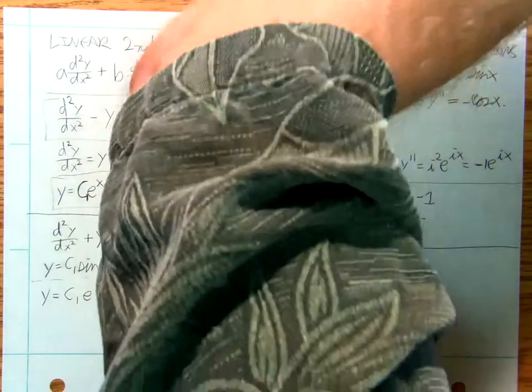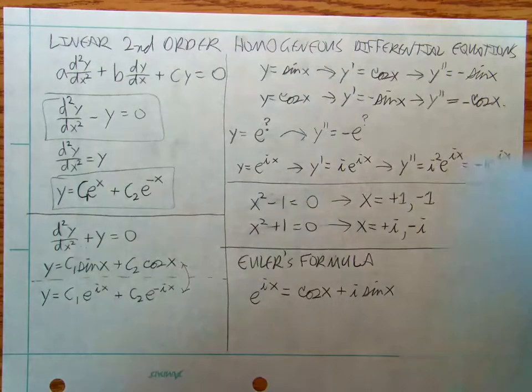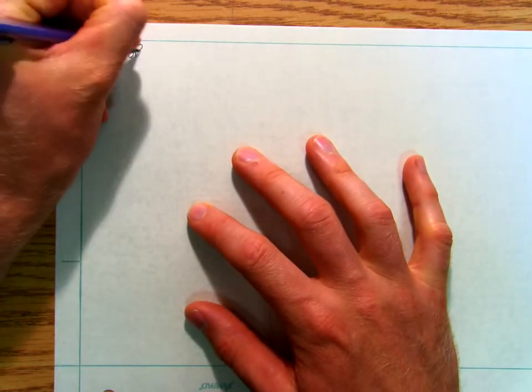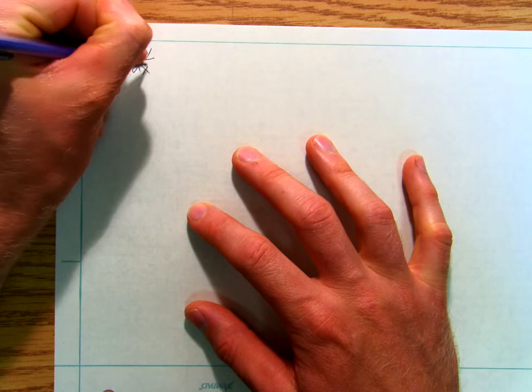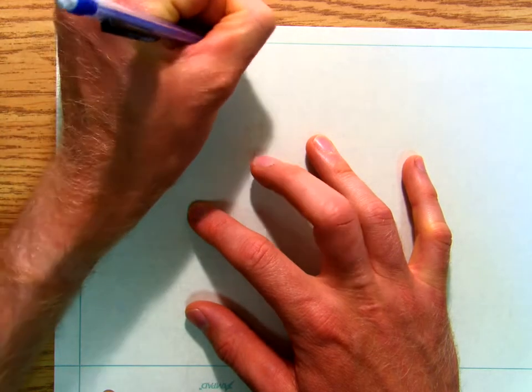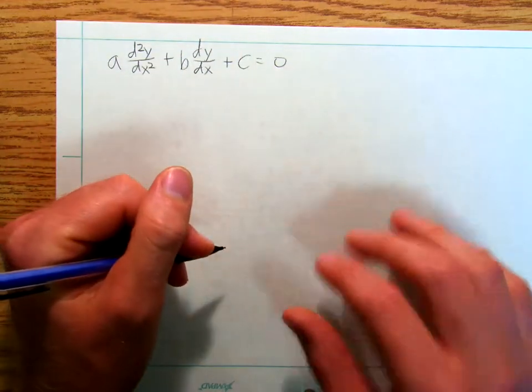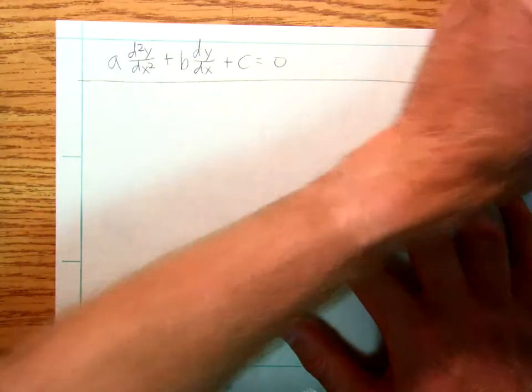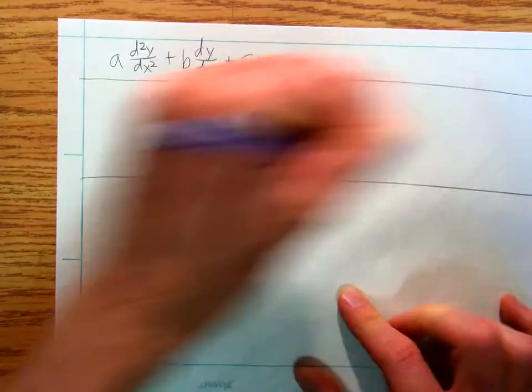Okay, so now what do I want to say? Let's just get into some specifics here. We're going to have a d squared y dx squared plus b dy dx plus cy is equal to 0. And we're going to have three cases. We're going to have three solutions.